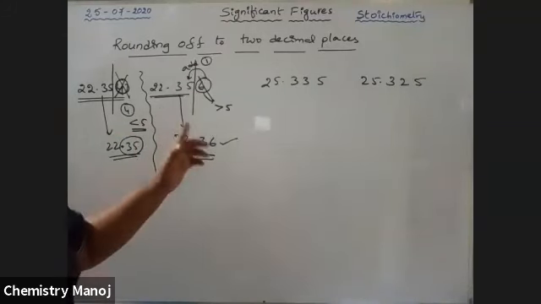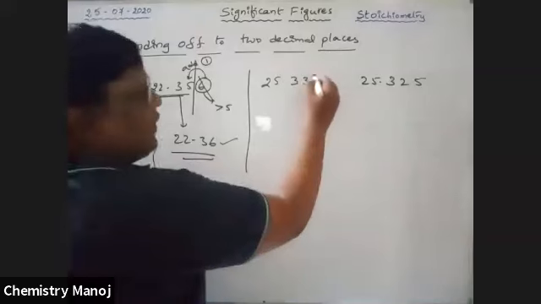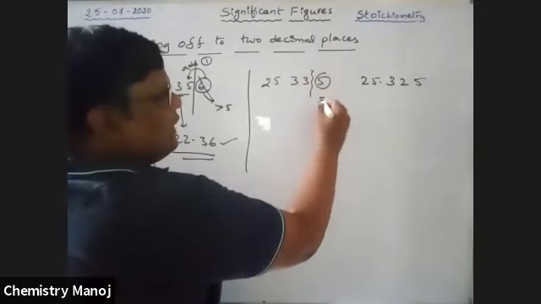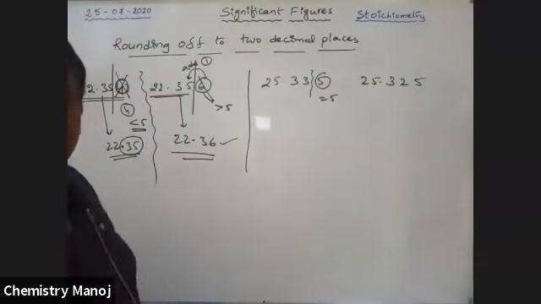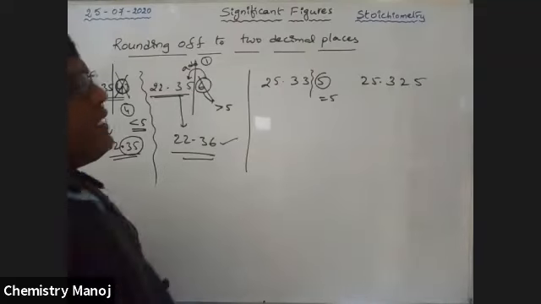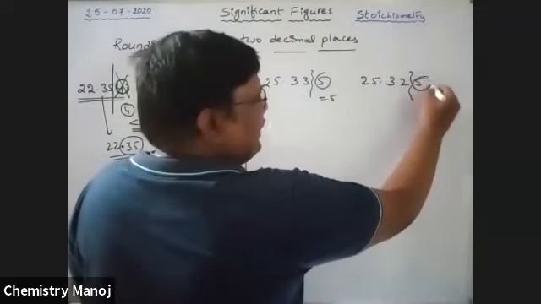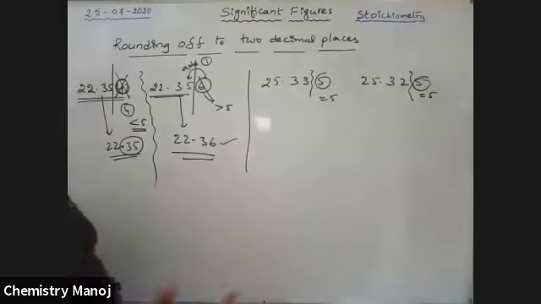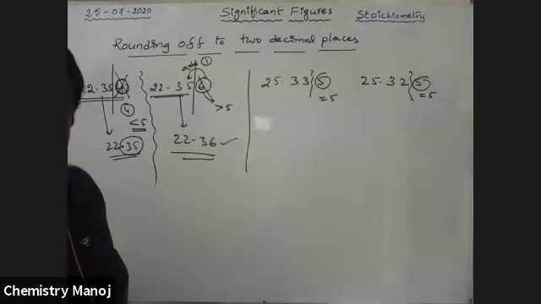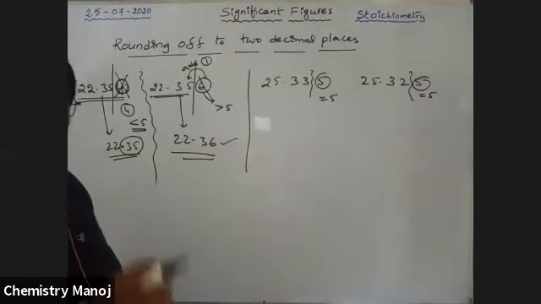Next, see here. What if it is exactly 5? Here it is equal to 5. So how do we round? If exactly 5 is there, identify the previous number. It may be an even number or an odd number.